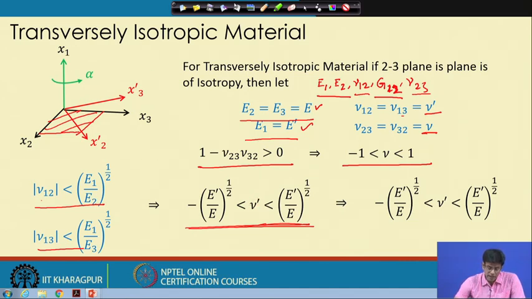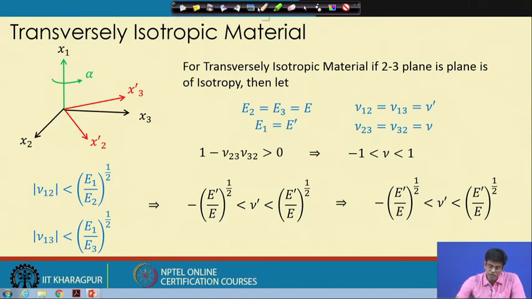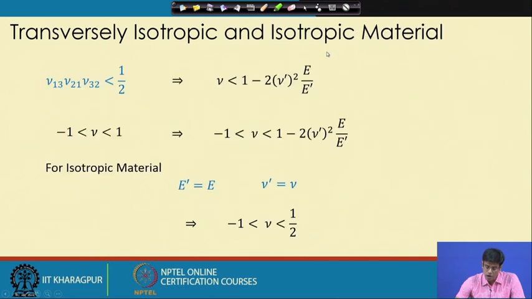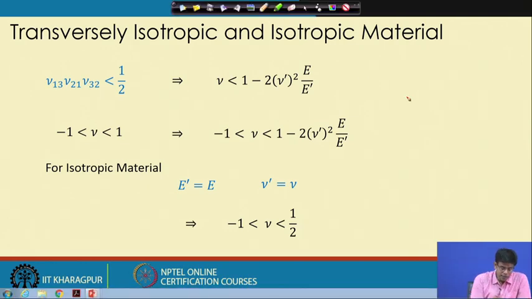Now, if we again use the previous case, that nu 1 3, nu 2 1 should be less than half, then we can substitute these two Poisson's ratios, which will look like this form, and if we include this here, we will get this.